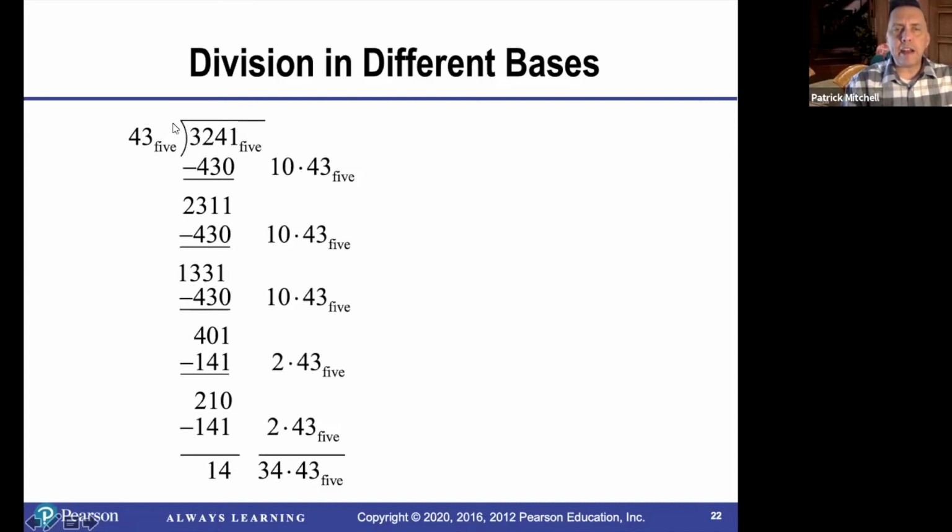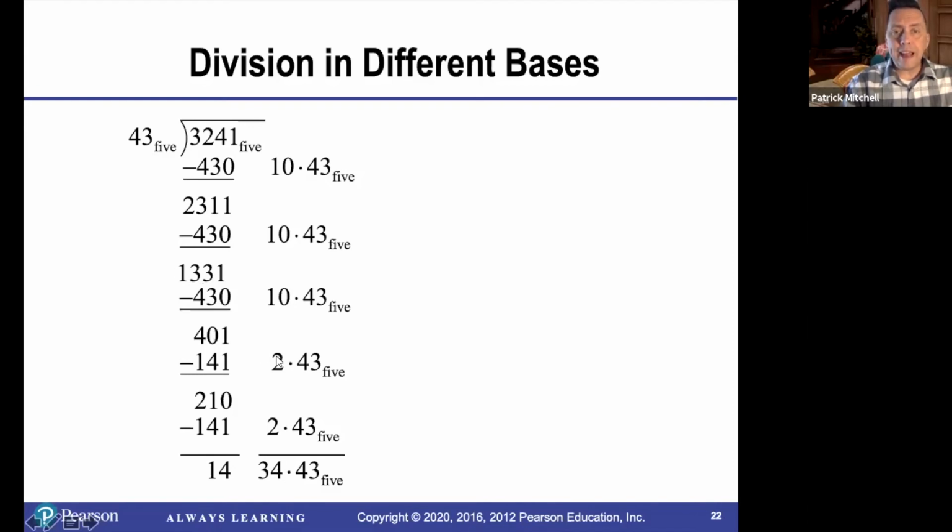If we subtract another group of 10, which is 430, 2311 minus 430 is 1311. And we can take out one more group of, I should be saying "one-zero," not "ten." 1311 minus 430 is 401. So I'm done taking out groups of 10.